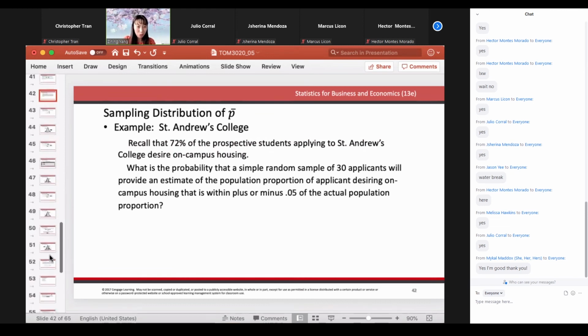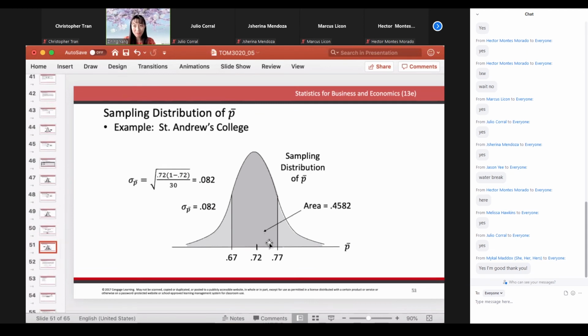If I show you in the chart, it will look like this. The center is 0.72. Then we created our tolerance band at 0.67 and 0.77. It's exactly the same calculation: figure out the z at 0.77, then the probability.